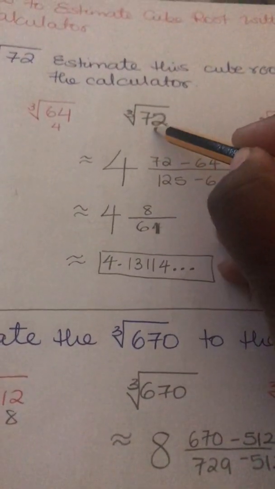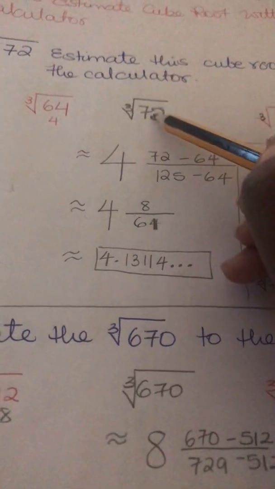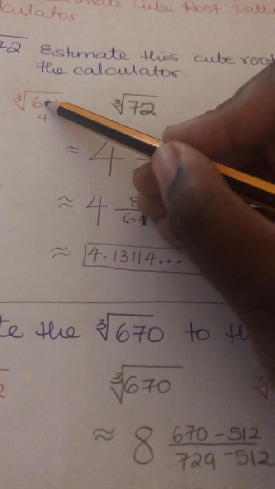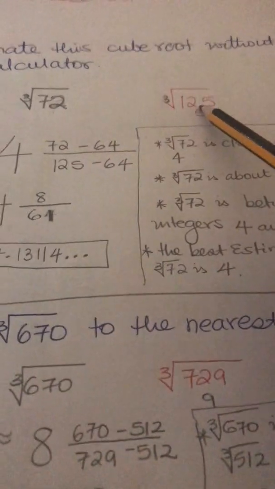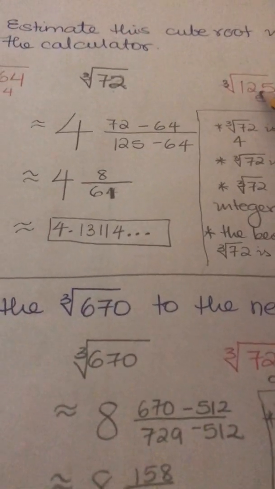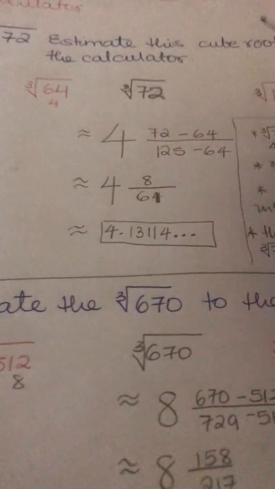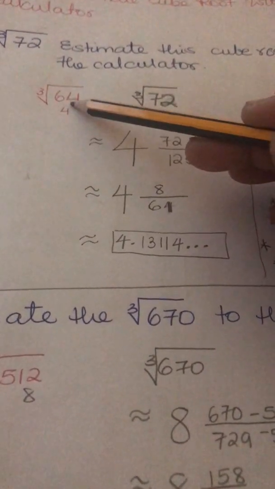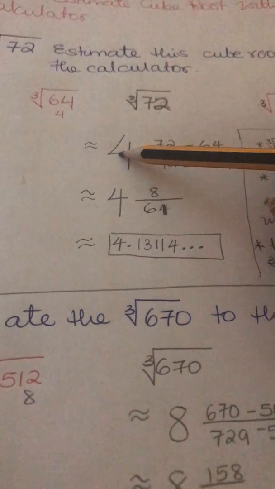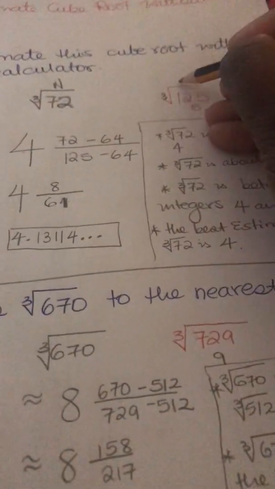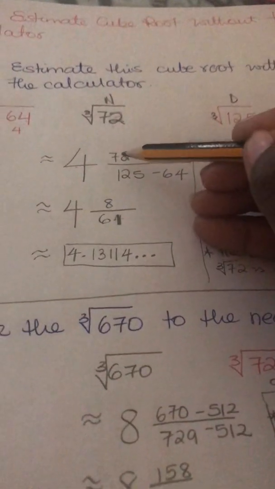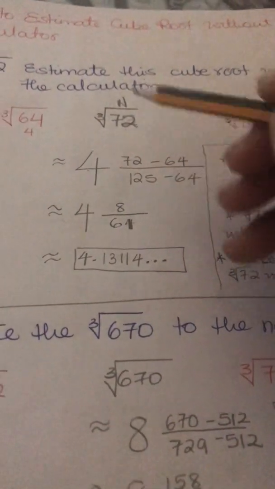Alright. 72, the perfect cube before 72 is 64. And the perfect cube after 72 is 125. Okay? So, you write the answer to the first cube root as your whole number. This becomes your numerator. This becomes your denominator. 72 out of 125.